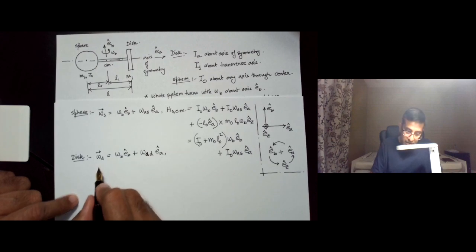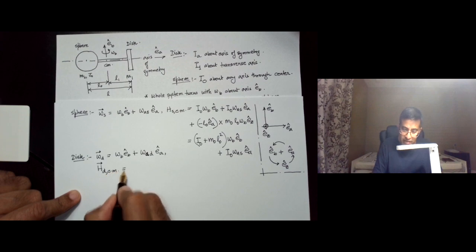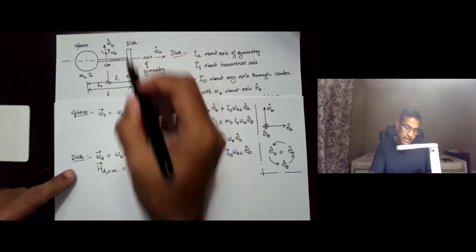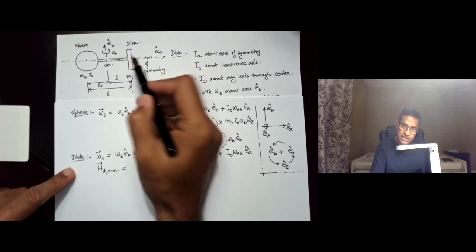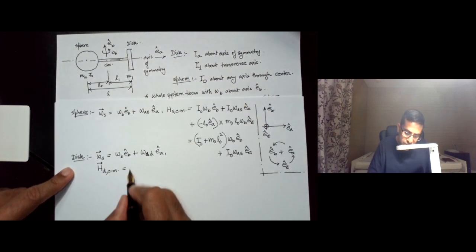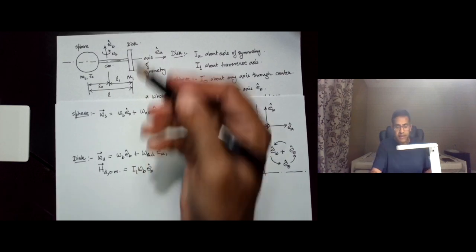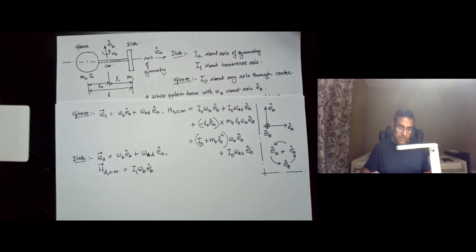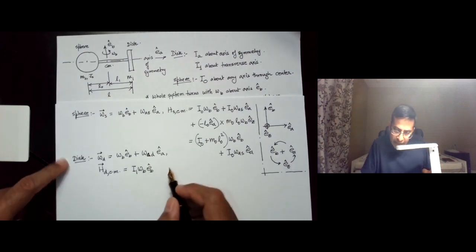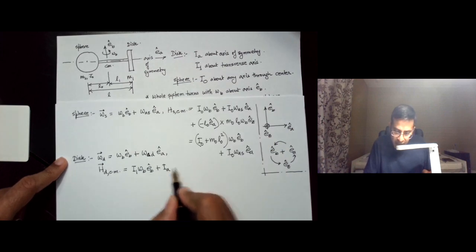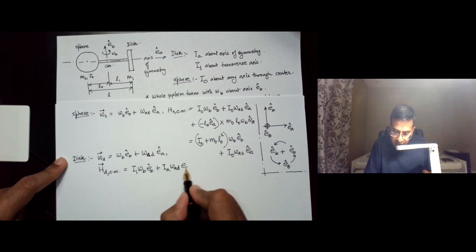Taking the same step forward, the angular momentum of the disk about the center of mass of the assembly is going to be I times this omega. For omega b, it is the angular velocity of the disk about this axis, which we have given as I1. So it is I1 omega b EB, and then it will have the angular velocity about the axis of symmetry, which is omega AD, and the axis of symmetry moment of inertia is IA, so IA omega AD EA.